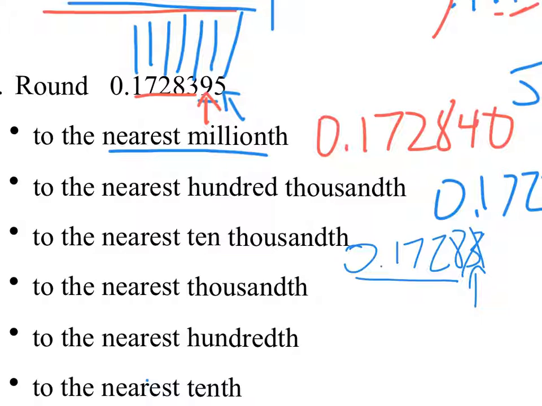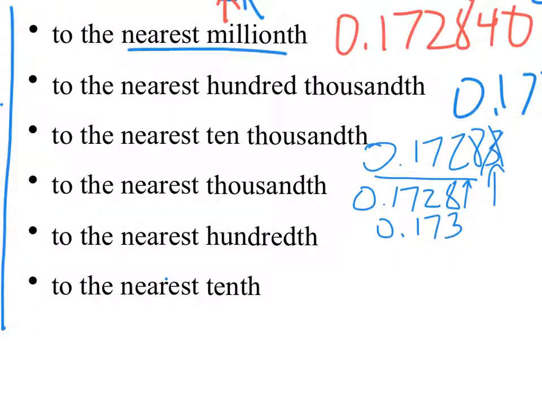How about to the nearest thousandth? Well, to the nearest thousandth, we look at that 8 10,000ths, we say, oh, we're going to go up. So we then say, oh, 0.173. How about to the nearest hundredth? Okay, so to go to the nearest hundredth, we have a tenth, 7 hundredths, and 2 thousandths.